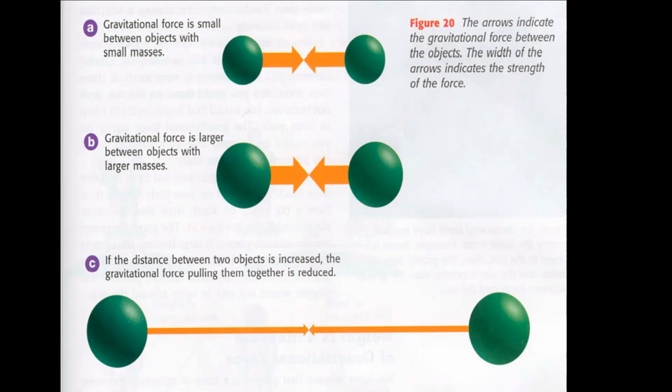We get the maximum gravitational force with the maximum masses and the minimum distance between them. If we want to decrease the gravitational force between two objects, just increase the distance between them. When you increase the distance, the gravitational force is reduced.